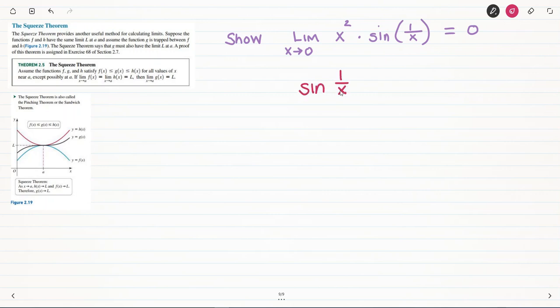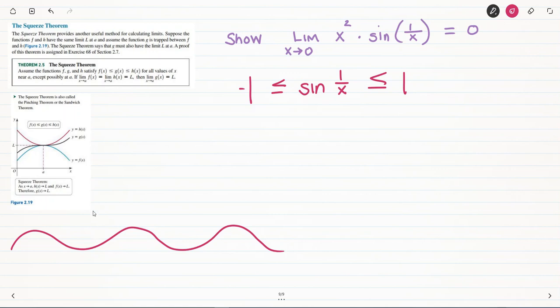Do you remember from your trigonometry that the sine always stays bounded between negative 1 and 1? If we looked at the graph of sine, remember it looks like this. Remember that it's always going to stay between negative 1 and 1.